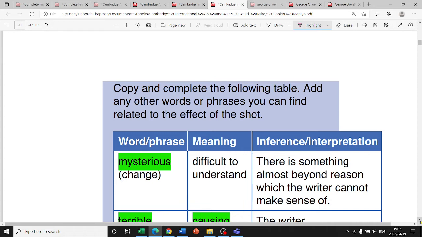This suggests something that is almost beyond reason, something that is uncomprehendable. There's one of those lovely low frequency words you could use. This suggests there is something almost beyond reason which the writer cannot make sense of.